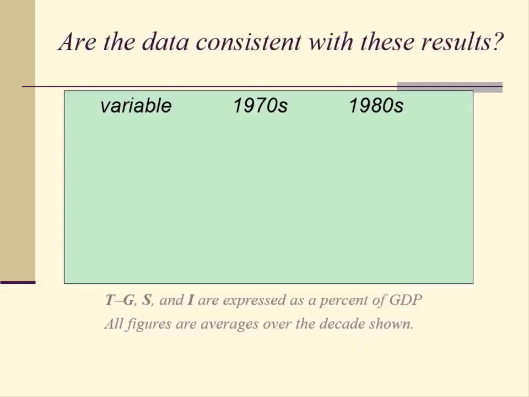Now let's look at the data to see whether these results of the model are consistent with real data. If you look at the real data for public savings, in the 1970s it was negative 2.2, but in the 1980s it became negative 3.9.